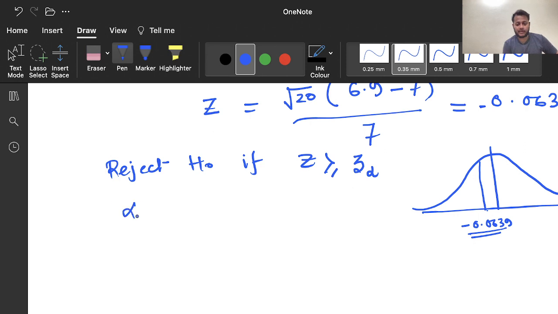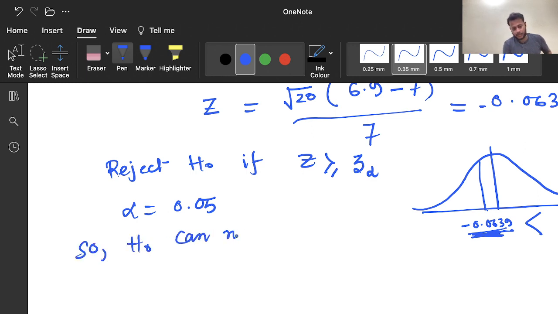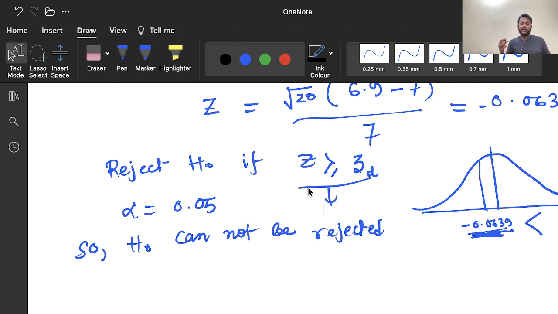Suppose my alpha is 0.05, then z alpha will be here, and minus 0.0639 is already less than this. So H0 cannot be rejected. This is not satisfied for any significance level of alpha.